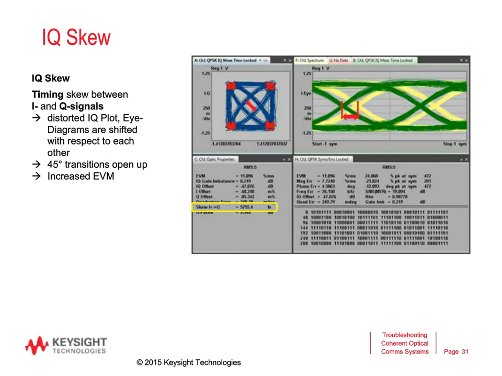Also, if we look at the eye diagram, we can clearly see the timing difference between the green and the yellow trace. And to make life easier for you, in the optical signal properties window of the optical modulation analyzer software, we show the skew between I and Q reported in picoseconds or femtoseconds. And also an indication for bad skew settings could be an increased EVM value.